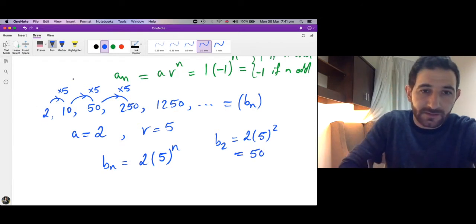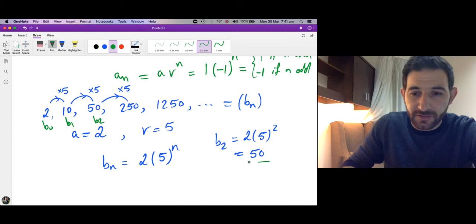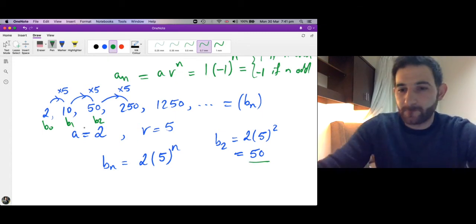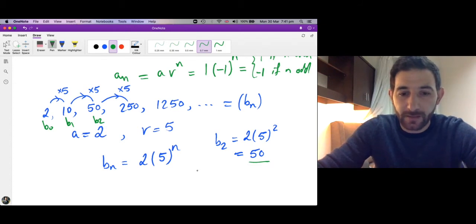So this is B0, this is B1, and this is B2. See, B2 is 50. Every time we multiply by 5. So to get the nth term, you raise 5 to the power n times the initial term.